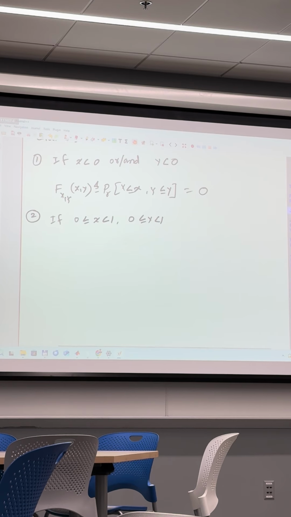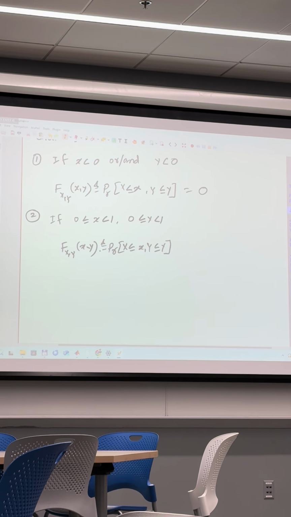In that case, we can find F sub X,Y taking value x, y, which by definition is the probability that X less than or equals x, Y less than or equals y.